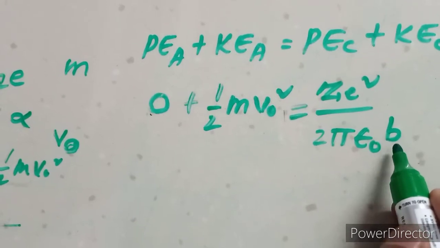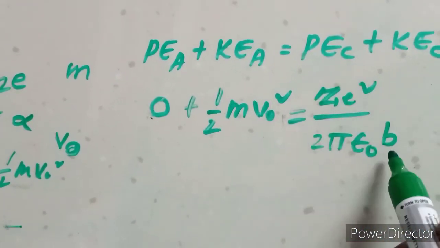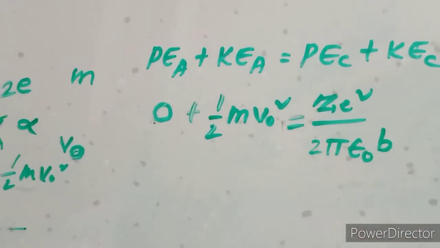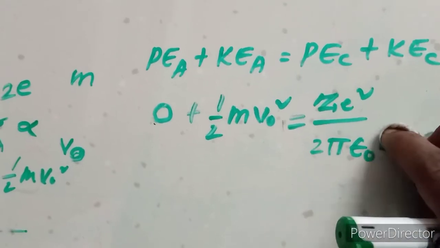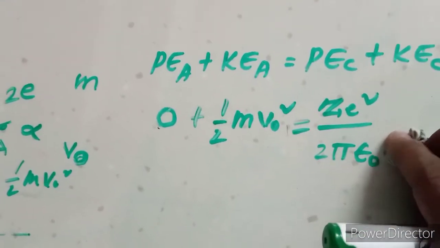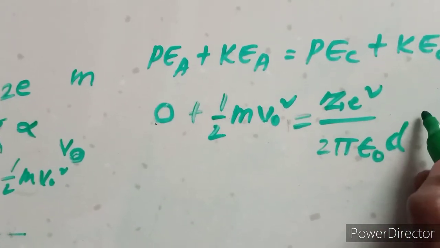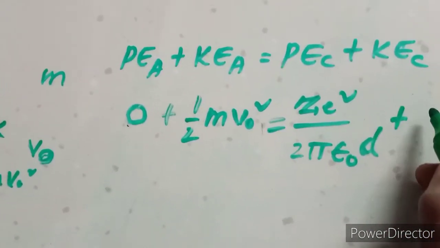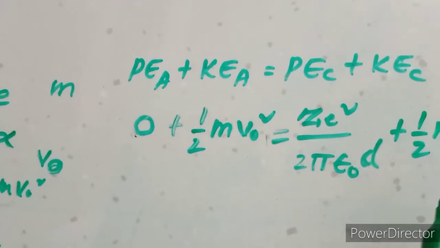That b is the closest distance of approach. At C, the closest distance of approach is d, because the velocity is v. So here the distance is d. So the kinetic energy at C equals half m v square.